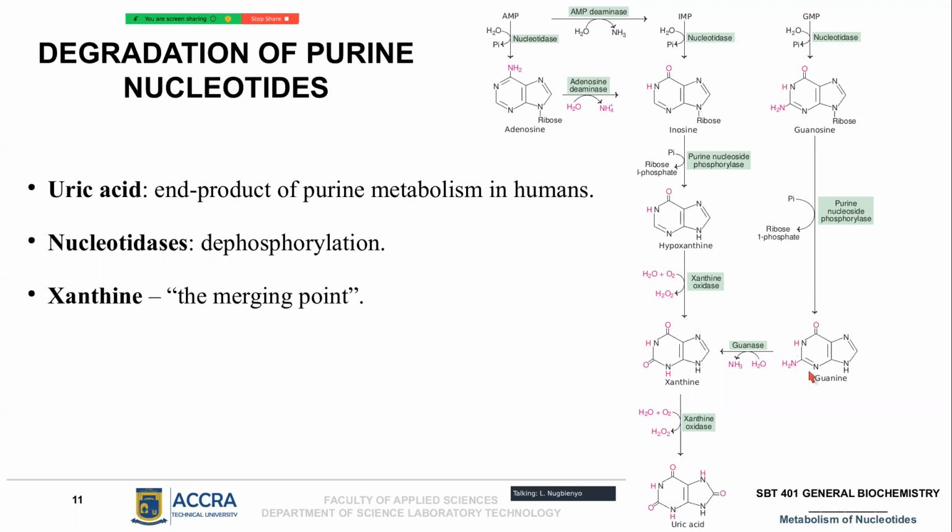And this guanine now gets deaminated to give you xanthine. And then this xanthine goes down into the synthesis of uric acid.